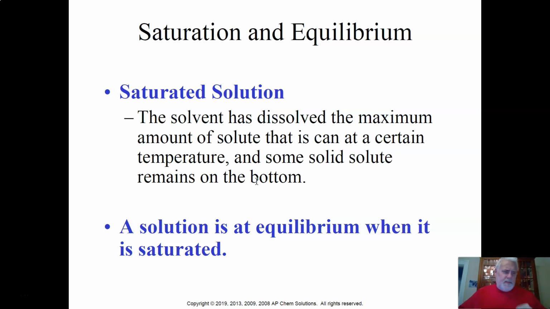Say you're mixing a beaker. You stir and stir, and no matter what, some solid settles down. Usually when making a saturated solution, you would err on the side of having lots of solid at the bottom. That's how you're guaranteed that a solution is at equilibrium when it reaches that point.